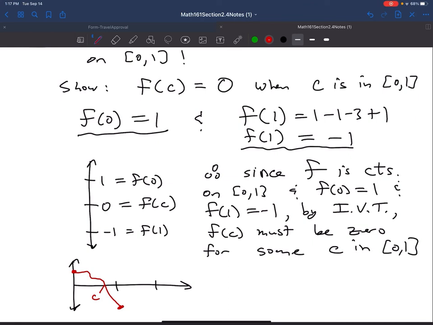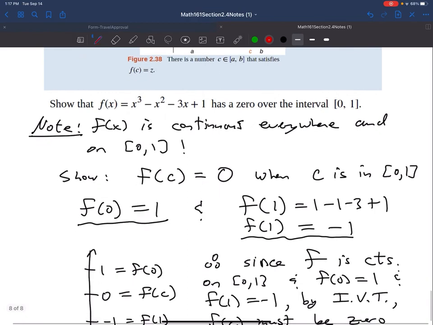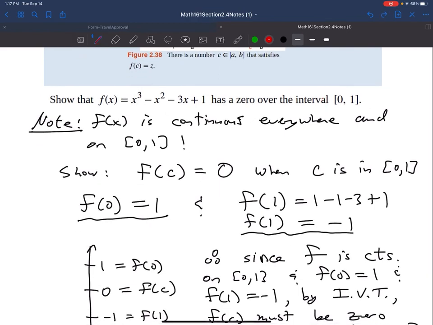So all I need to do, let's review this in a minute here. To make the intermediate value theorem come into effect, I first need to state and explain why it's continuous on the interval I'm looking in, which in this case is from 0 to 1. Once I've stated that, I need to check the value of the function here and here. If one of them is above 0 and one of them is below 0, then it's guaranteed that at some point the value of the function is equal to 0.